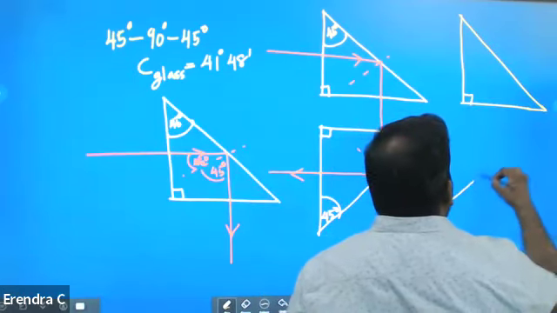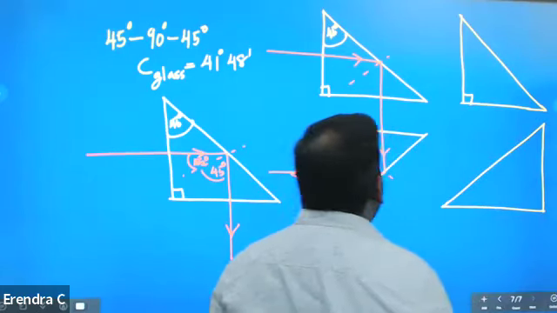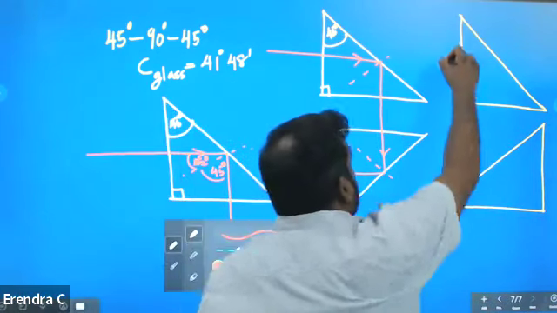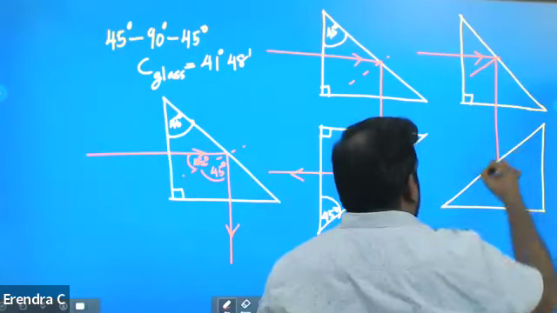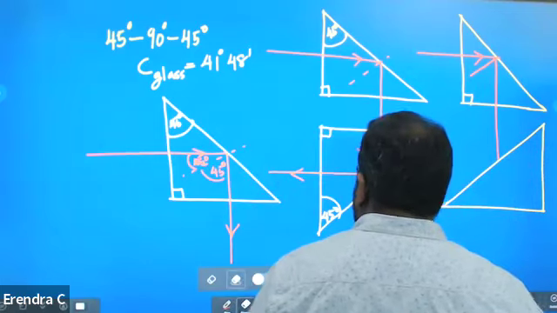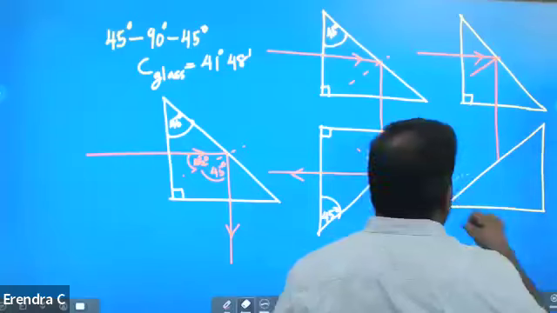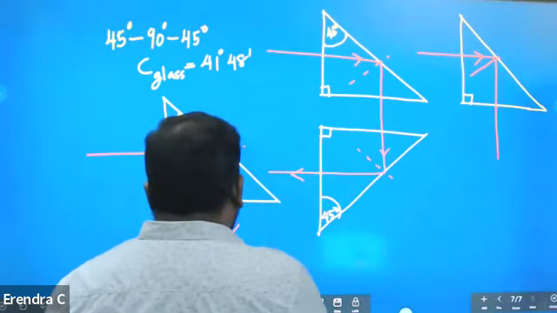Let's say a light ray is coming. What I'll do is erase this and show it in a different way.